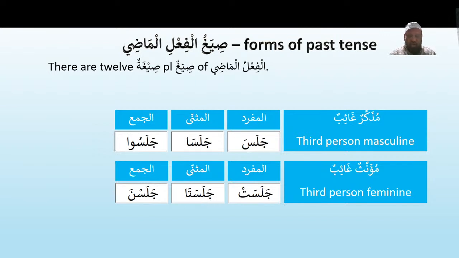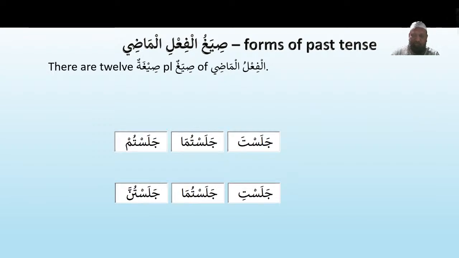The alif demands fatha before it. And for jama mudhakkar, the waw demands dhamma before it. And then to make jama muannas, add noon an-niswa: jalasna. Jalasa, jalasa, jalasu, jalasat, jalasata, jalasna.